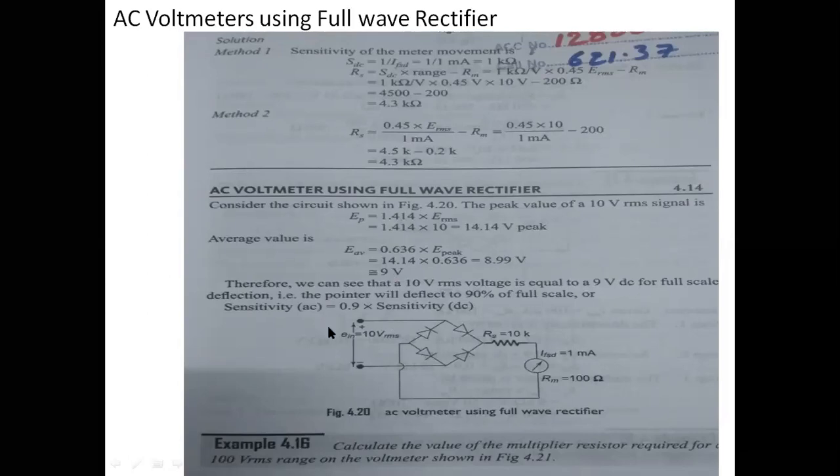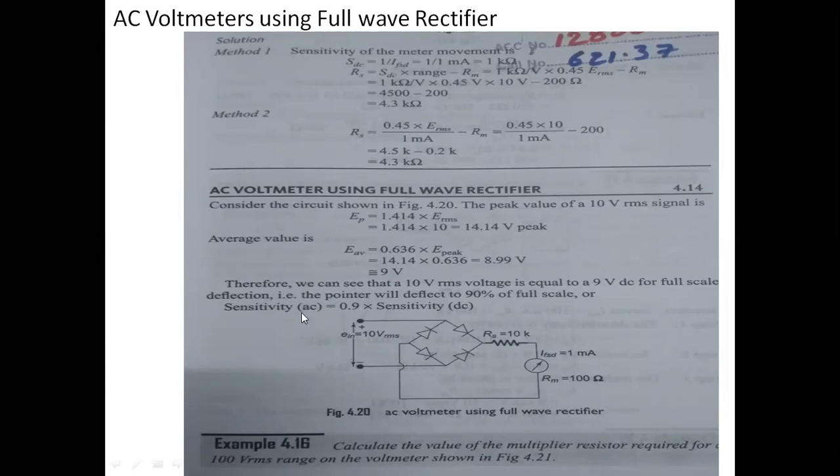We are applying a 10 volts RMS voltage, but we are getting 9 volts DC as the output of the rectifier for full scale deflection. So this meter is showing only 90% of the full scale.